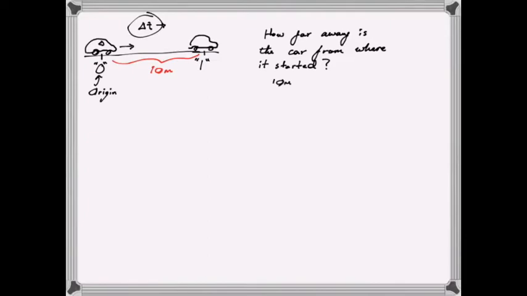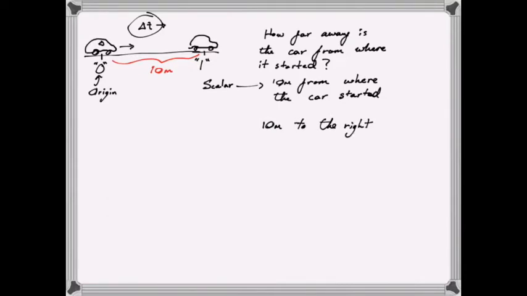Then to answer this question, there's two ways. You could say I am 10 meters from where I started, so 10 meters from where the car started. But that would be a scalar number, because you'll notice there's no direction there. But if I were to say 10 meters to the right or east, or some other term to specify a direction, then we've given a vector.